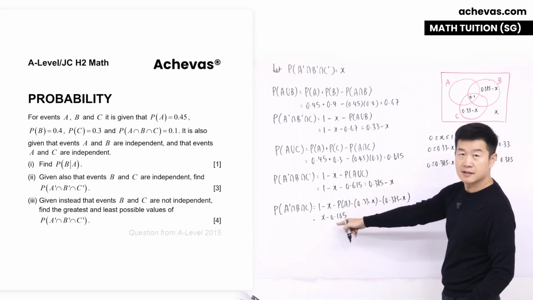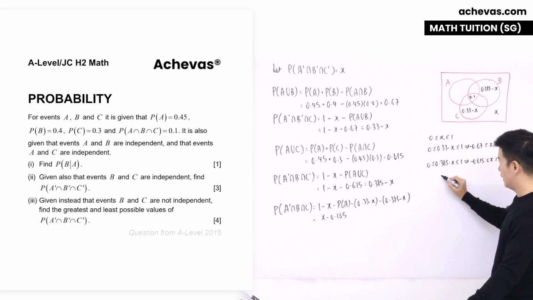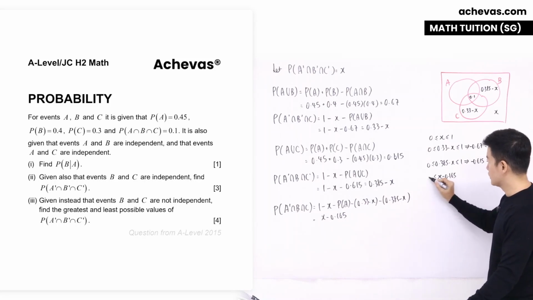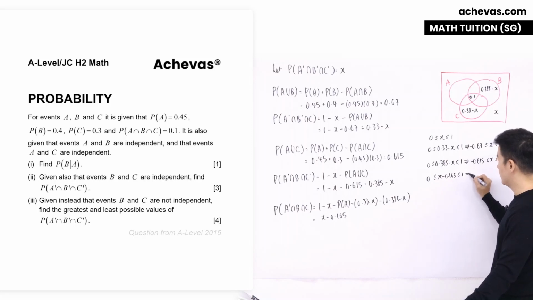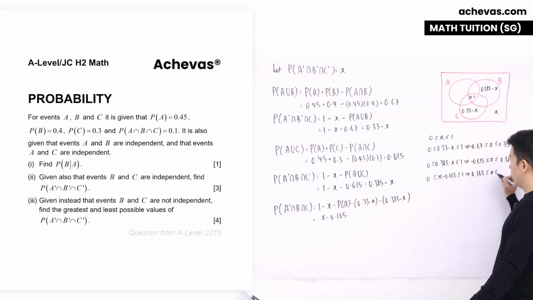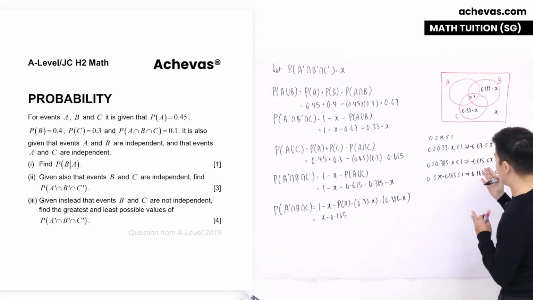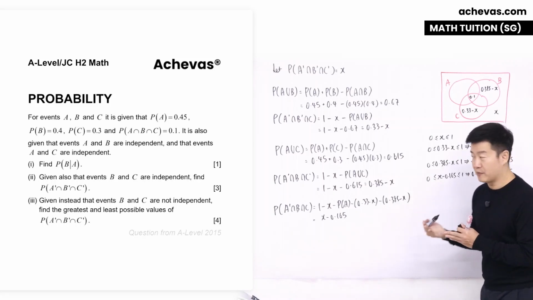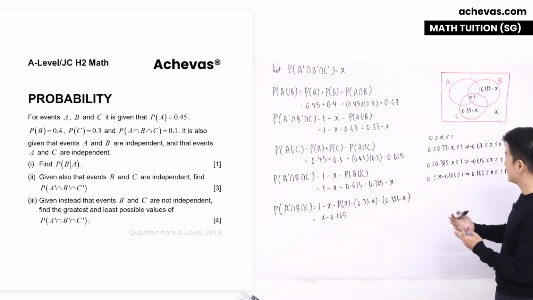And finally, we have X minus 0.165. This is going to be between 0 and 1. This tells me that X is going to be between 0.165 and 1.165. Okay, so now these are all the possible ranges of values of X that must be satisfied at the same time.